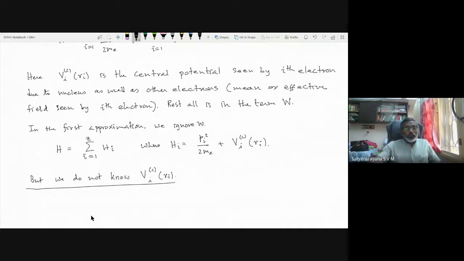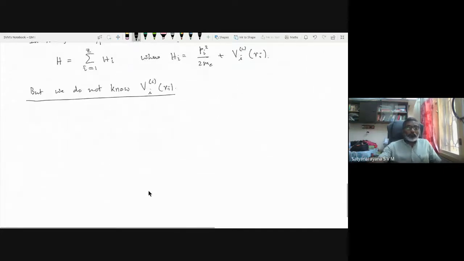Now let's try to understand what this Vc of R can be by just looking at our atomic system. This atom that we are thinking of has Ze as the charge of the nucleus, and you have several electrons.